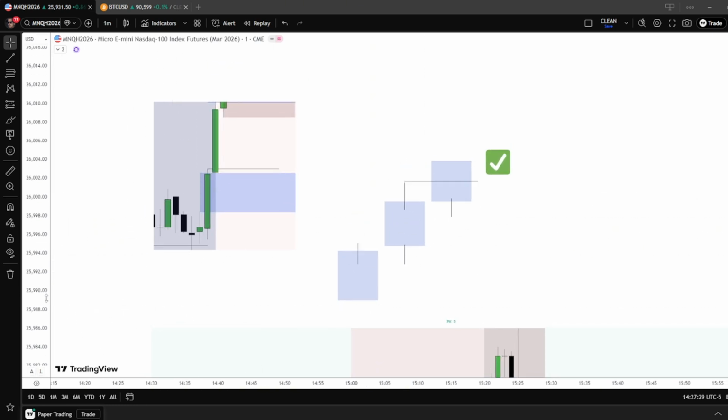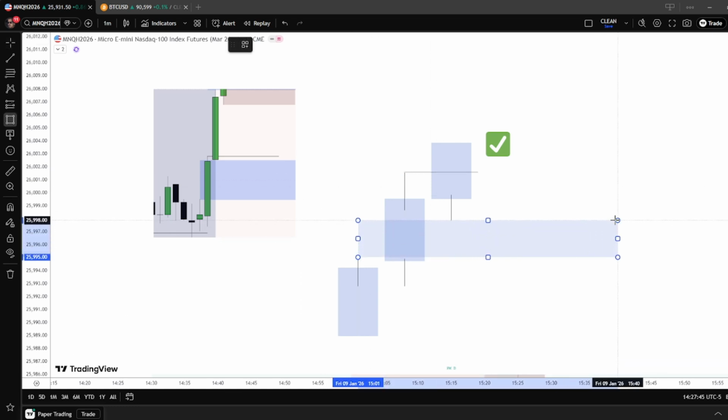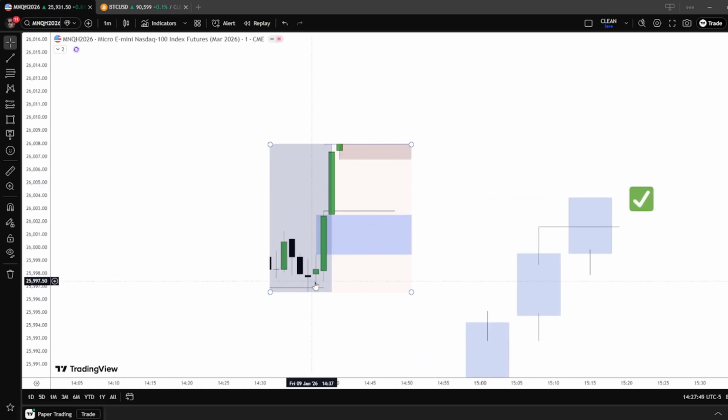If the third candle closes above the second candle high, you have breakaway creation, and this is your breakaway, as you can see in this picture. First candle, second candle, and the third candle that closes above the second candle high.